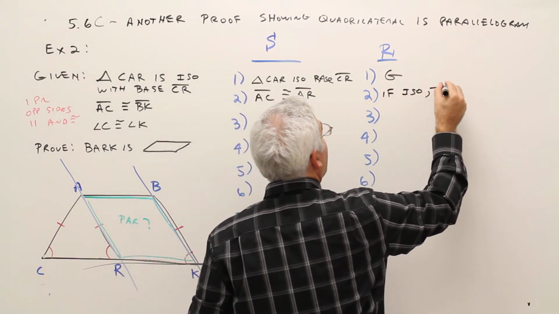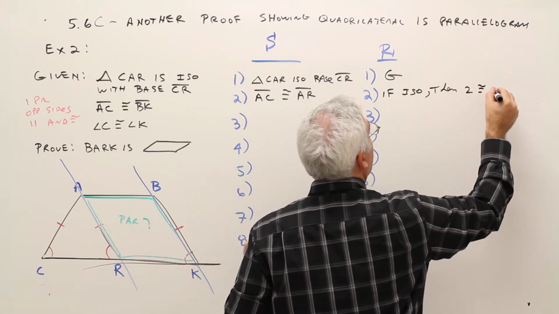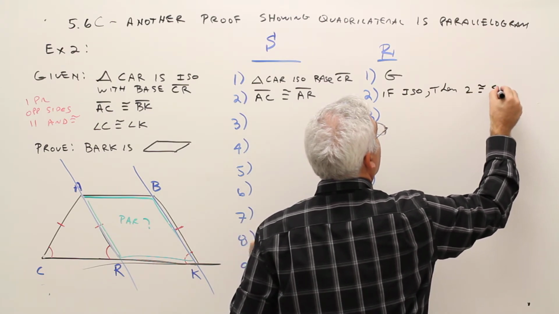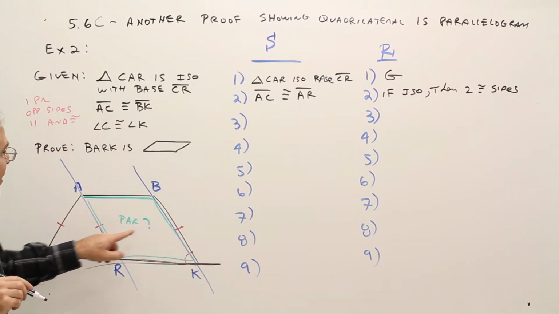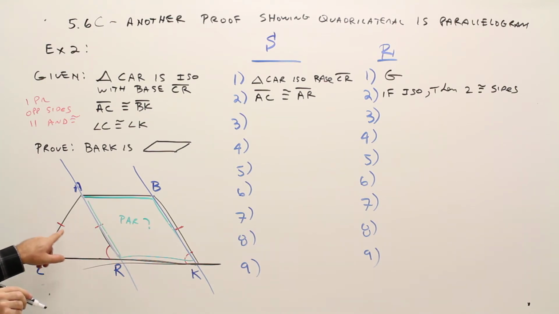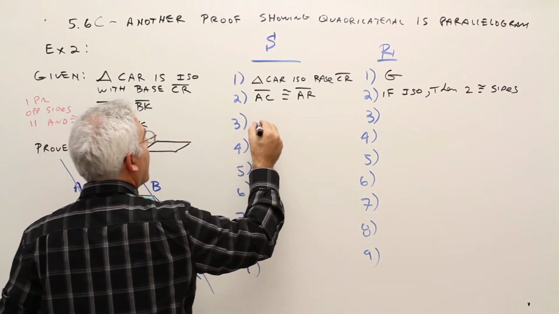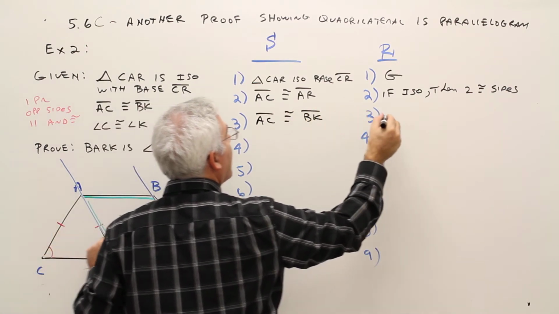If isosceles, then two congruent sides. Okay, I was given these two sides, no, I wasn't. I was given AC to BK. AC is congruent to BK.